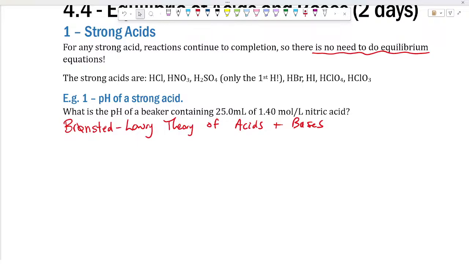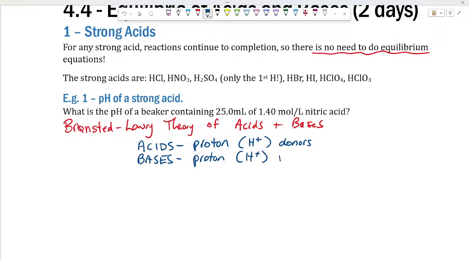Okay, so the basic idea is this. Acids are proton, H plus, donors, and bases are proton, H plus, receptors. All right?